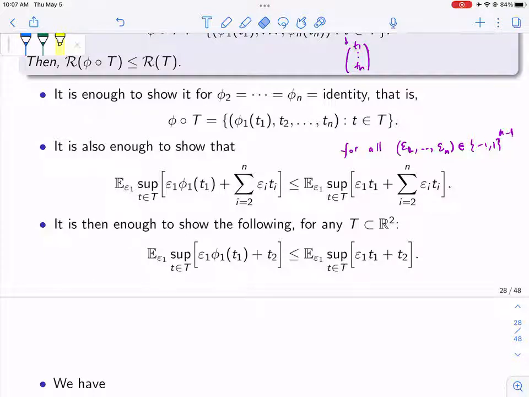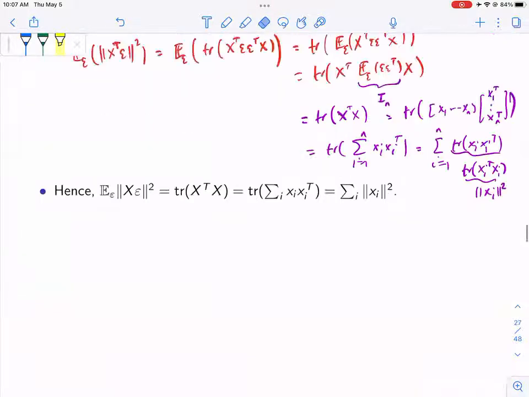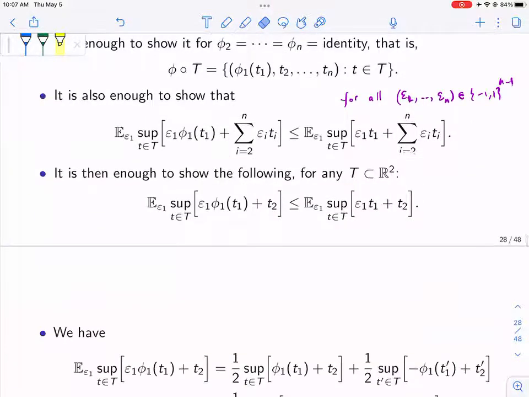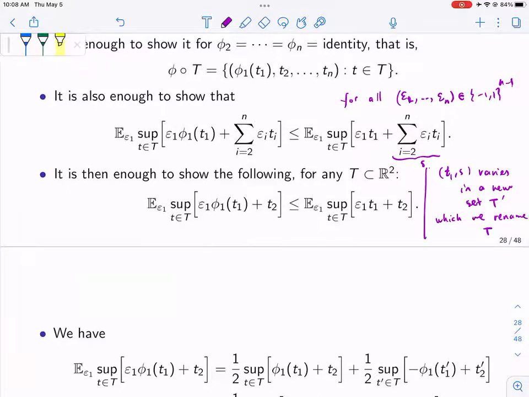Now, say I call this S, where t1 and s vary in a new set, T prime, which we rename T. So that gives you this.